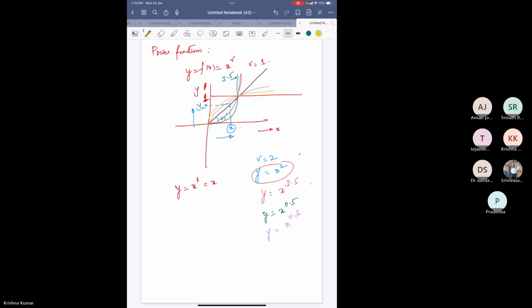So, see the shape of the curve. What is the moral of the story? The shape of the curve depends upon the value to which it is raised. We call this a general exponential function.